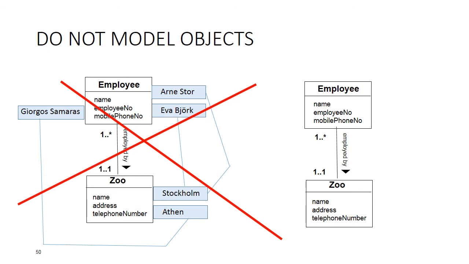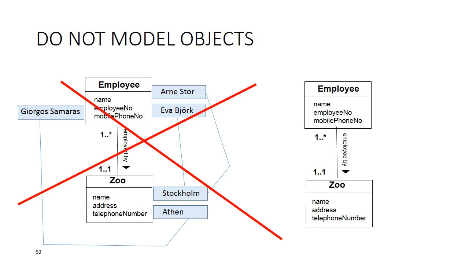And finally, a very important rule. When you do conceptual models, you should not model the objects. I have used objects in this presentation just to make you think in the right way when you think about classes and the multiplicity. But you should not model the objects.